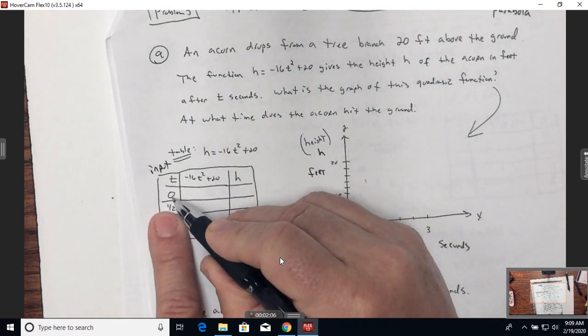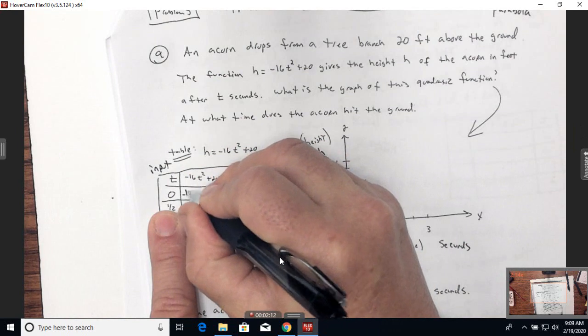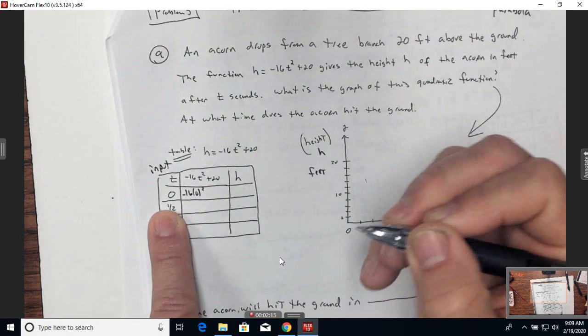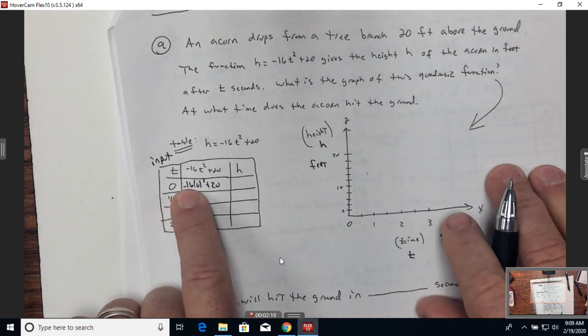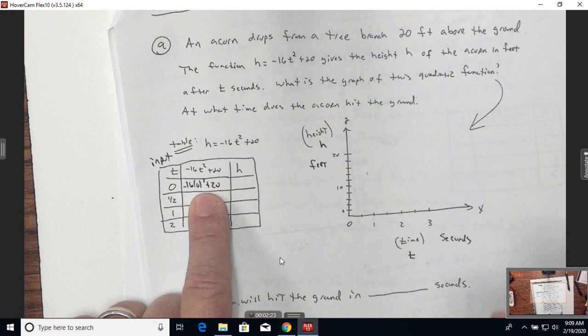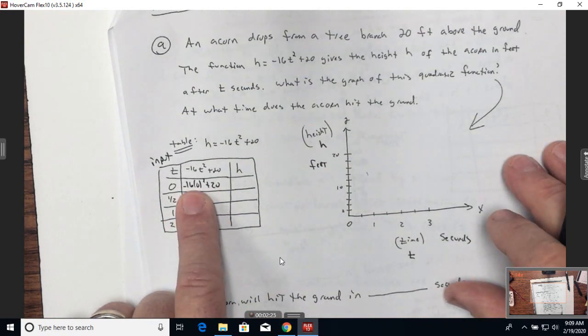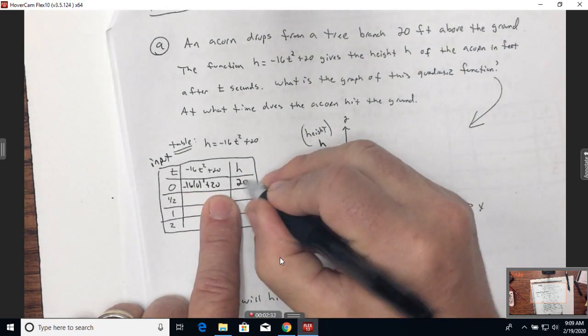Okay? So first of all, if my time, t, was 0 seconds, input that into your function rule. So this would be negative 16 times 0 squared plus 20. And so negative 16 times 0 squared means 0 times 0, which would be what? 0. Negative 16 times 0 would be 0 plus 20 is 20.